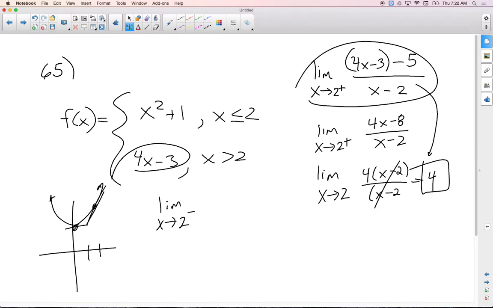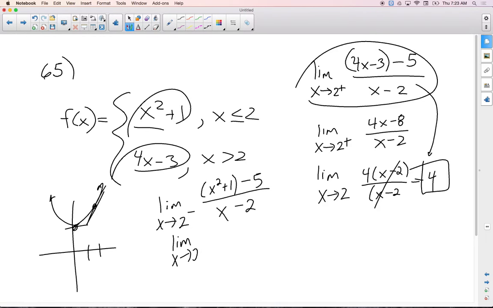So here we go. We're going to go x squared plus 1 minus f of 2. What's f of 2? 5 this time, over x minus 2. Some of you are probably already thinking, okay, I think I see where this is going. It's going to be x squared minus what on top? 4. So you get x squared minus 4, and everybody's like, okay, sweet, I can do this one now.